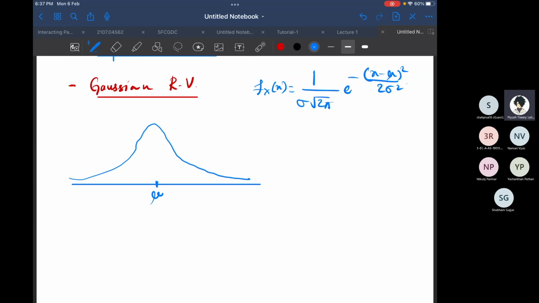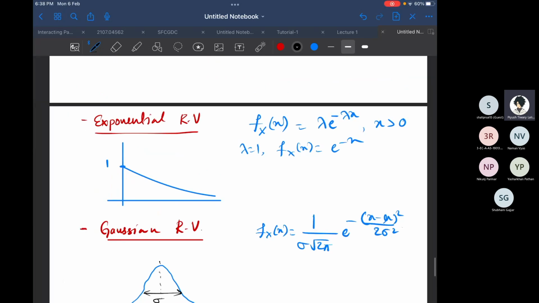The width of this bell curve is characterized by sigma, the variance, so to say, and the center of this curve is characterized by mu, which we call the mean.